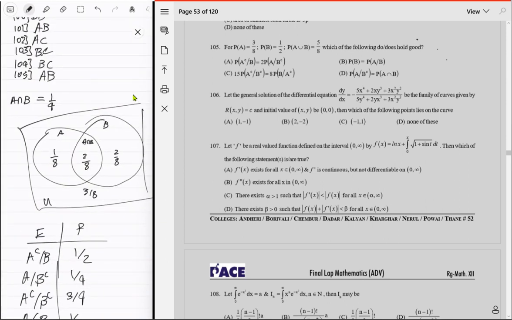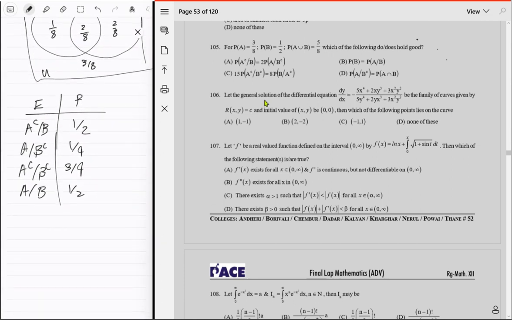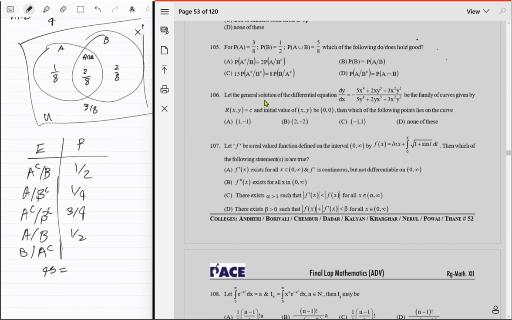So A and B are correct. Is C correct? Okay, 15, A not happening when B not, so basically about 45. Yes, B given A not happening. Why didn't we do that? We didn't do B given A not happening for some reason. Okay, so A not happening is, am I sure that's right? Okay, A not happening is just 5 upon 8, right?